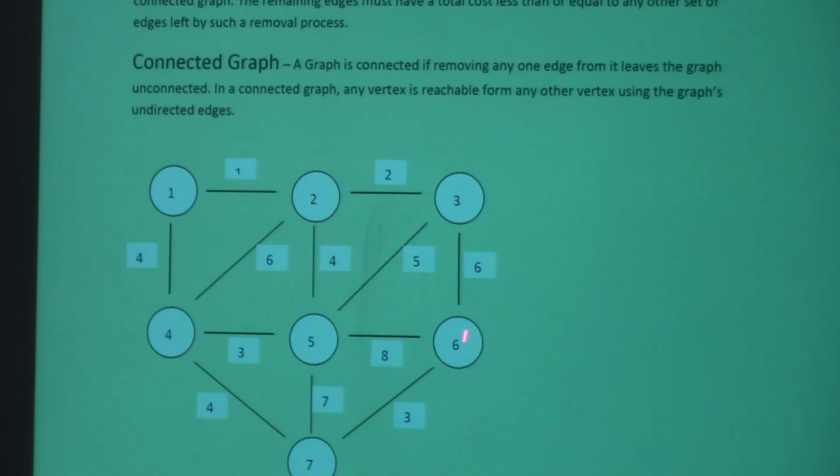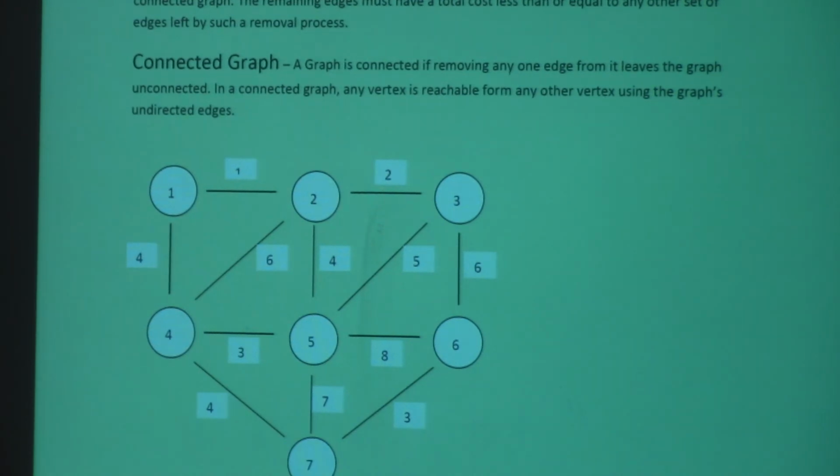But to connect 3 to 6 is a cost of 6. Why? I don't know. More rocks, tougher terrain, more hills. There are variable costs, right? So, in a sense, these are the possible tracks that we can use to build the subway.